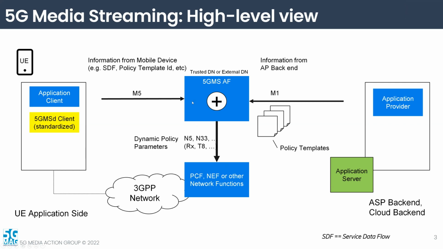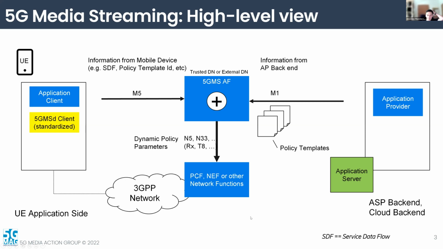The backend, so the application service provider, of course, has done some provisioning upfront. So there's information available about what policies are available, what policies are allowed, and so on. So there's information in the 5GMS AF to support it in figuring out how to create the system calls towards the 5G system. And afterwards, after this request comes in, the 5GMS AF is basically using the backend APIs to the 5G system in order to start requesting the needed policies by using the according API calls which are available. Depending on the network and the deployment, it might be an interaction with a PCF directly, with some network functions, or in some cases with an NEF or other types of network functions.